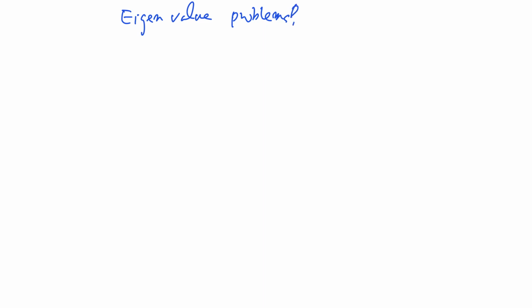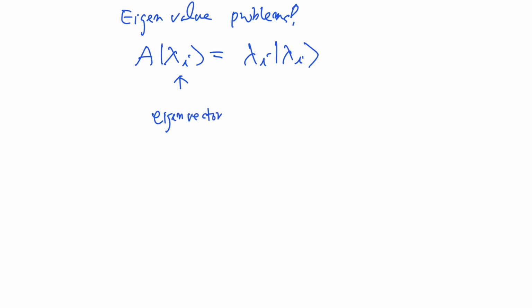So the next topic is the eigenvalue problem, which is actually a very important problem, such that A x equals lambda x. So this is called the eigenvector. This is called the eigenvalue.